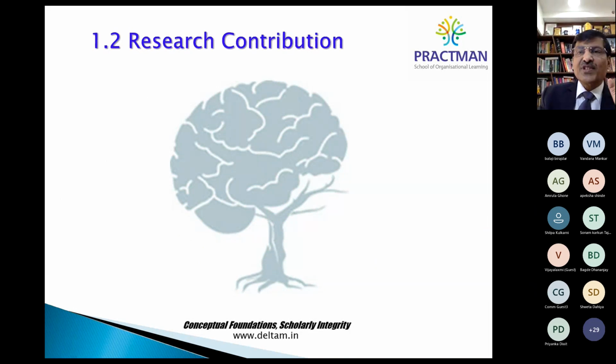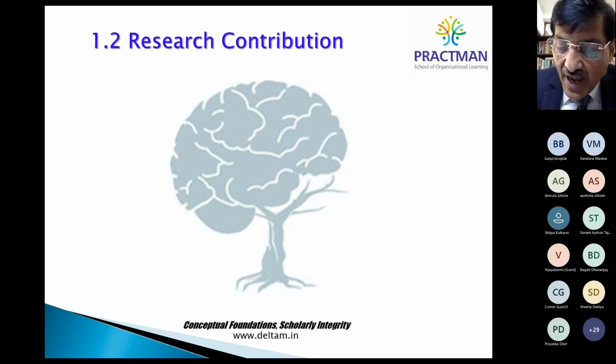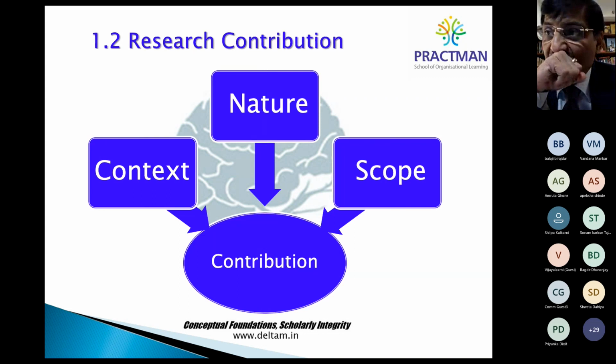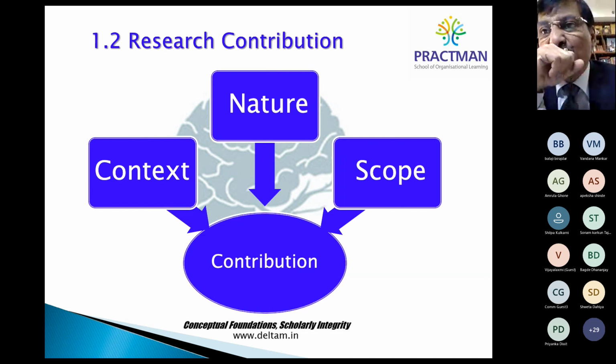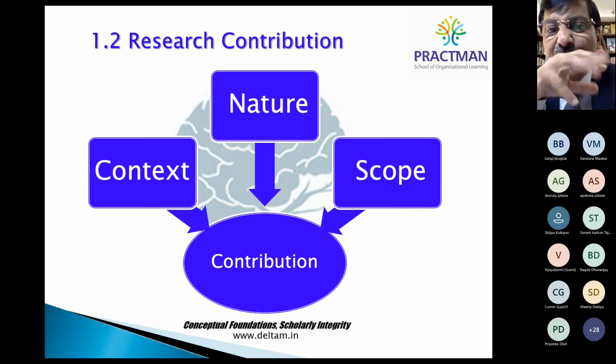So for choice of research problems, first you need to identify the broad area of research, about which we have already discussed how to identify. Second question that you need to ask is, will my research make a contribution? And how does a research make a contribution? A research makes a contribution by understanding three aspects of research.